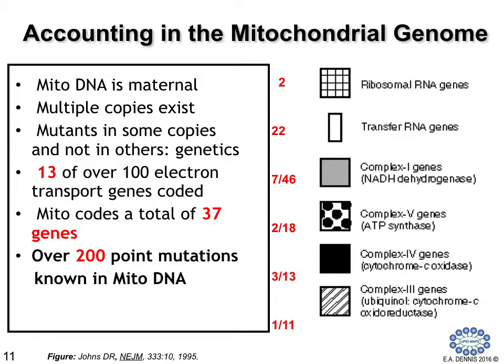Of the 100 or so electron transport genes that need to be coded for, only 13 derive from mitochondrial DNA. And in total, mitochondria code for 37 genes, as indicated here, including especially a number of transfer RNA genes. And we already know over 200 point mutations in the mitochondrial DNA that have associations with diseases.